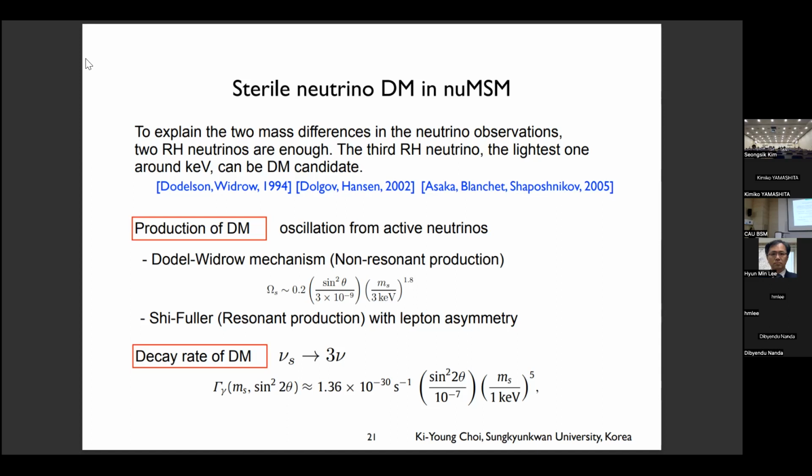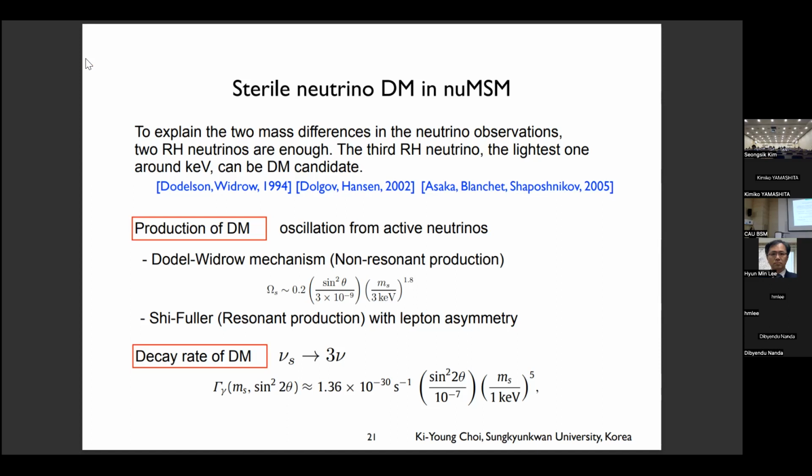They calculate that the relic density of the sterile neutrino at the present time is around 0.2 for a mixing angle squared of around 10 to the minus 9 and a sterile neutrino mass of around 3 keV. So for a keV sterile neutrino and a mixing angle of 10 to the minus 9, this sterile neutrino can explain the relic density of dark matter. So people studied this kind of thing.